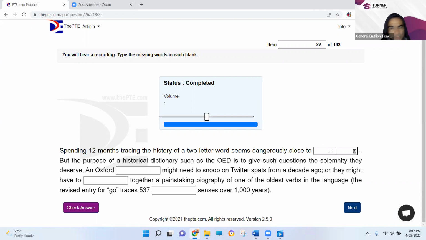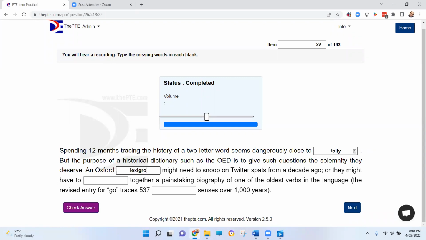Okay, the first one. Folly. How do you spell it? I just wrote FOLLY. What is it? That's correct. Very good. Thank you. Okay. Lexicographer, and I have spelled it LEXIGROFER.